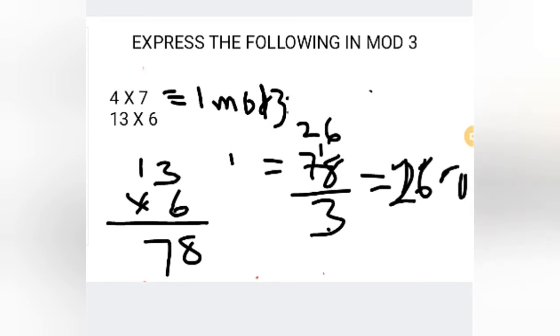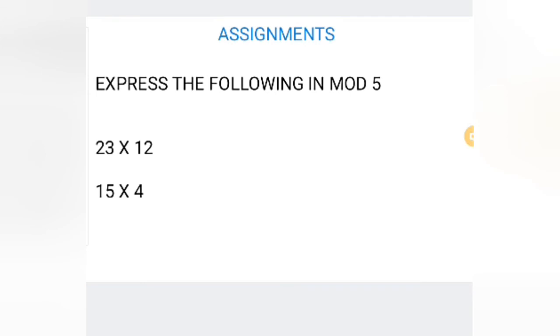So that means this is equivalent to 0 mode 3. So it is equivalent to what? 0 mode 3.